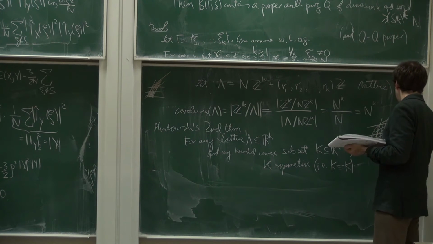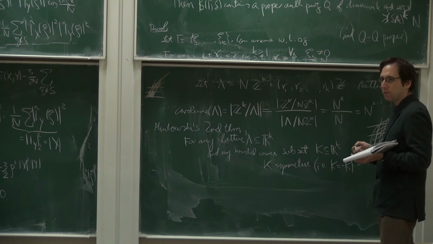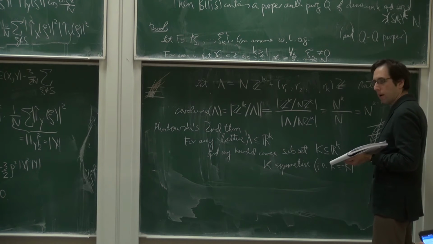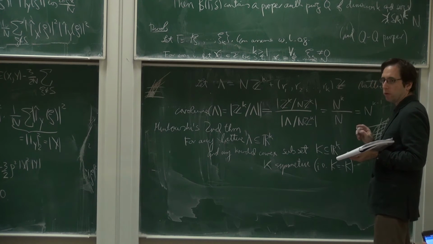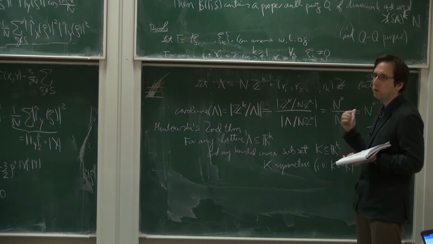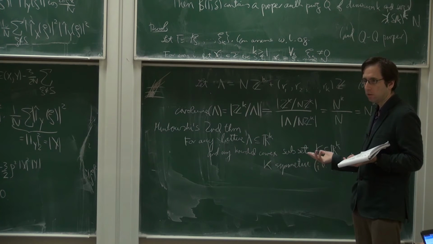I haven't stated Minkowski's first theorem. Minkowski's first theorem just tells you how large the blob has to be for it to be guaranteed that you're going to be able to find a point in the lattice other than 0 in the blob. The second theorem is stronger. It tells you not just how large it has to be to contain one element of the lattice, but 2 linearly independent elements, 3 linearly independent elements of the lattice, and so on.